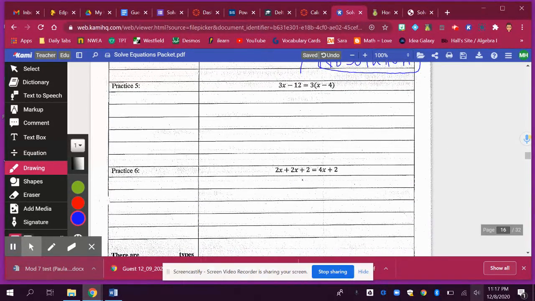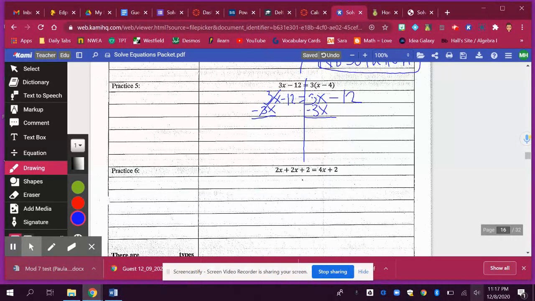Practice number 5. I have distributive property again, so over here I'm going to multiply 3 times x and 3 times negative 4. On the left side, no distributive property. I'm just going to copy down what I have. Notice my variable terms are alike again, so when I get rid of one of them, I actually get rid of both of them.